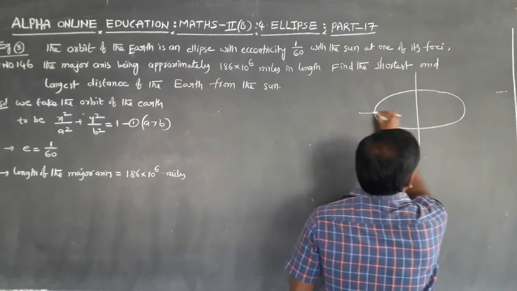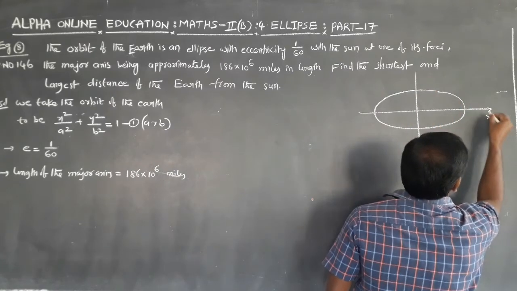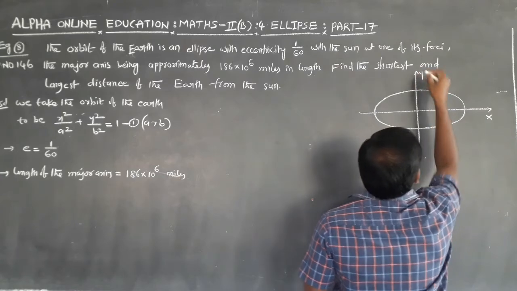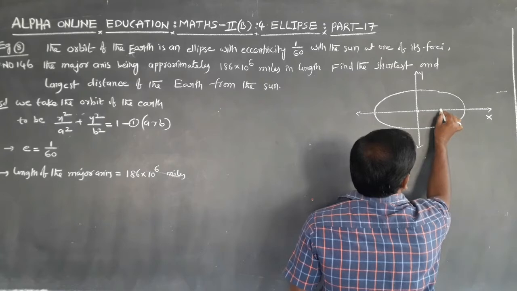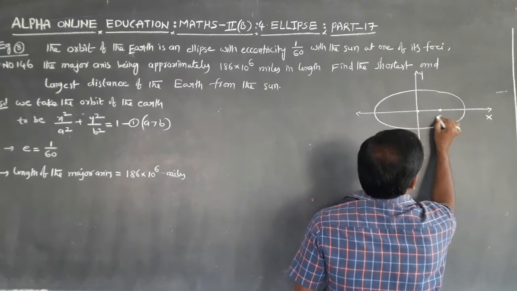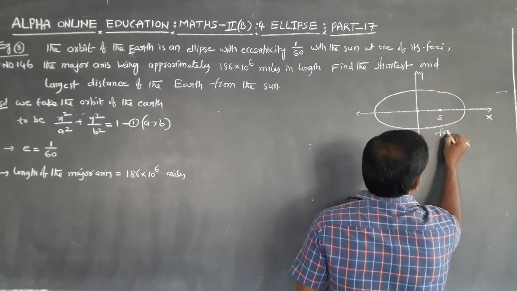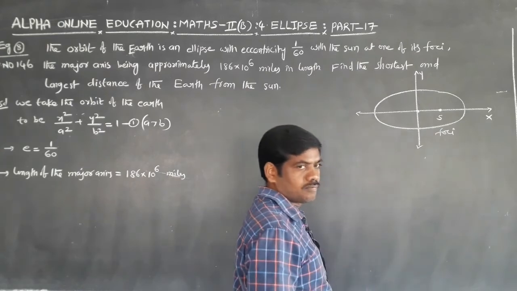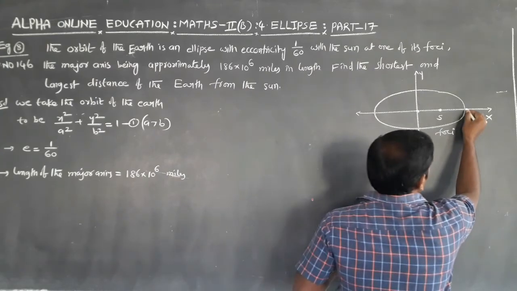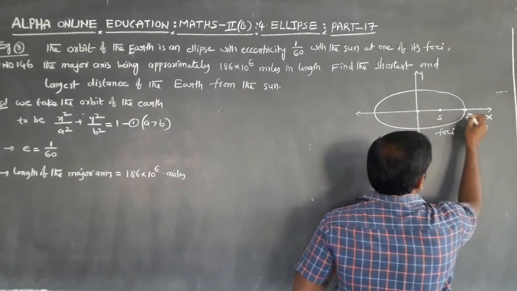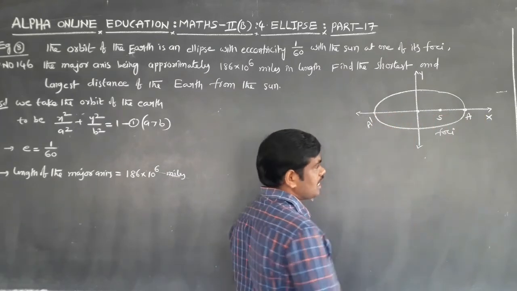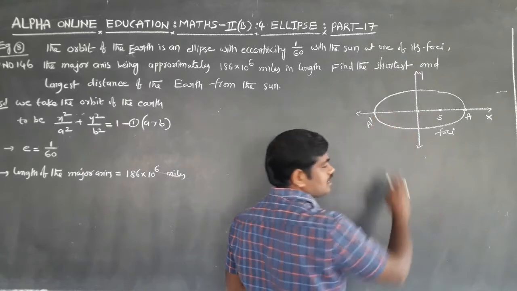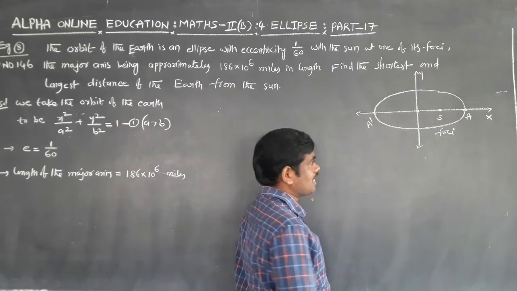This is the x-axis, this is the y-axis, this is the center, this is the focus S. This is the vertex A, this is the vertex A dash. Here A A dash is the major axis.